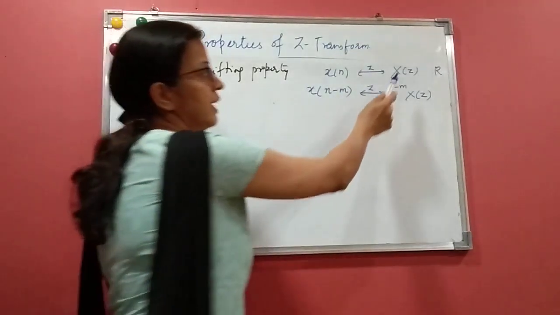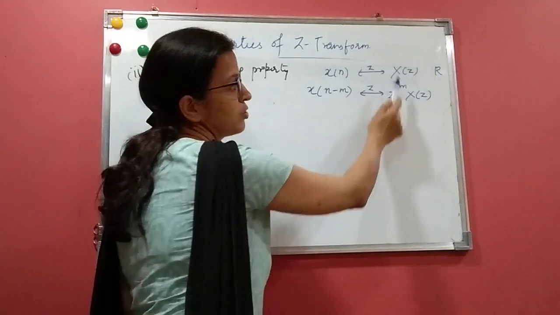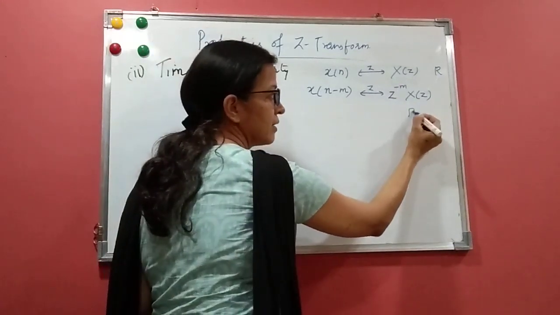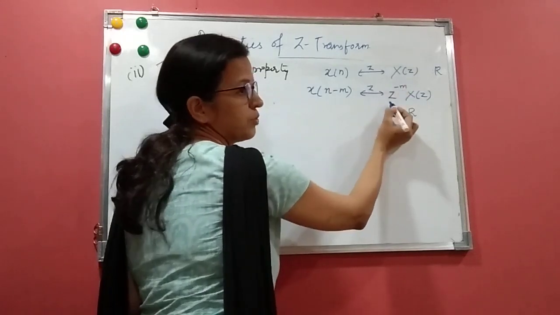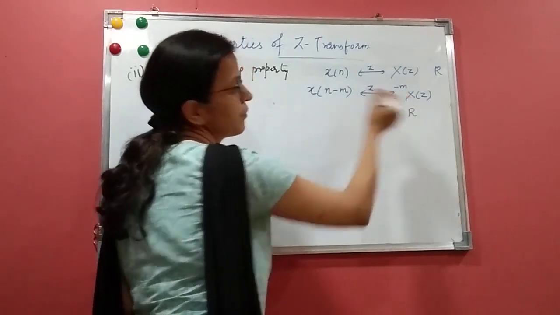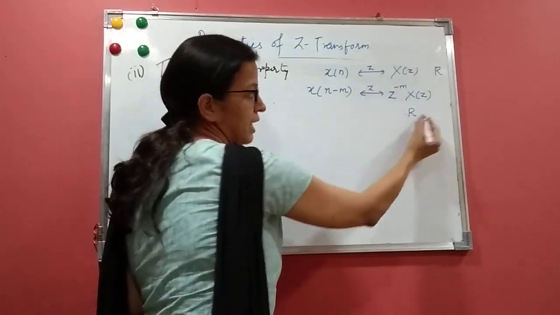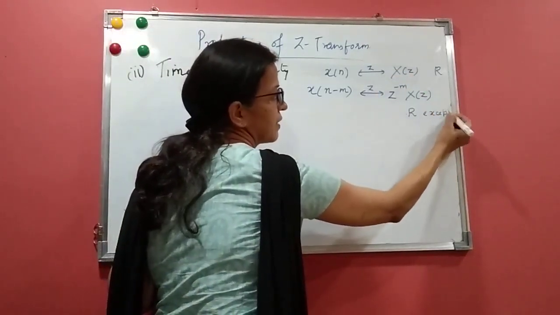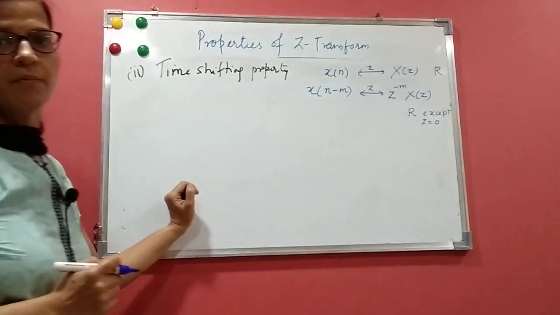Here x of z is the same, only z raised to minus m is extra. So the ROC will be R except z equals 0, because when z equals 0 this will become infinite.